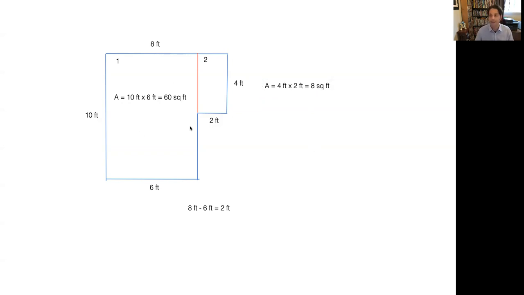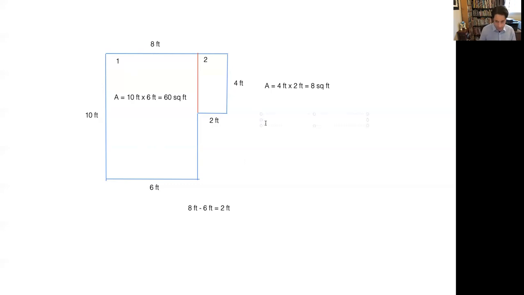So we're not done yet. The area of rectangle 1 is 60 square feet. The area of rectangle 2 is 8 square feet. But we need the area for this whole shape, this whole figure. So what do we do? Well, we just add the area of rectangle 1 plus the area of rectangle 2 and that will give us the total area, right?